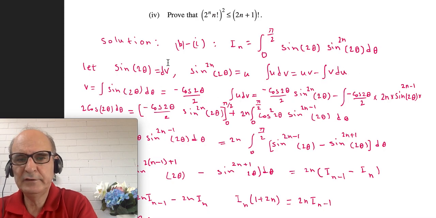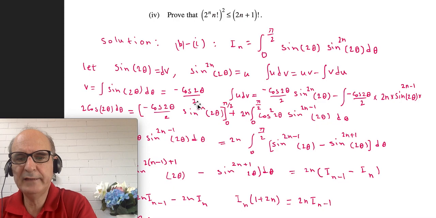Now dv is sine 2 theta. To go to v, we need to integrate that. So v is the integral of this, which gives us minus cos 2 theta over 2. Then going back to our statement for integration by parts, the integral of u dv is equal to uv.